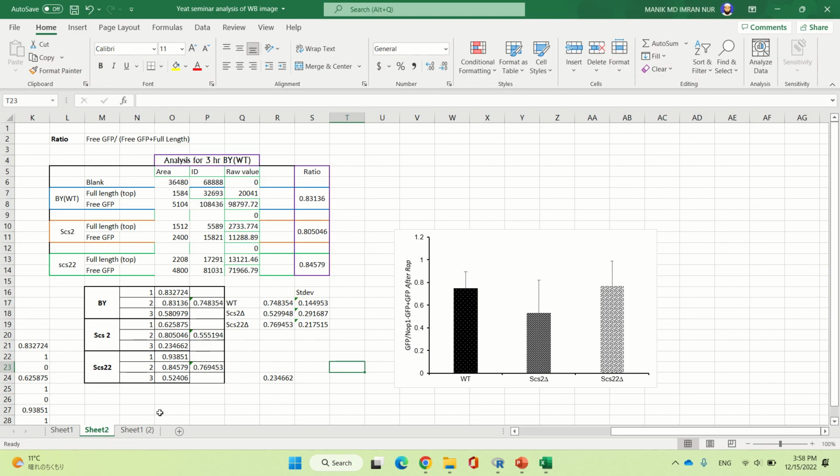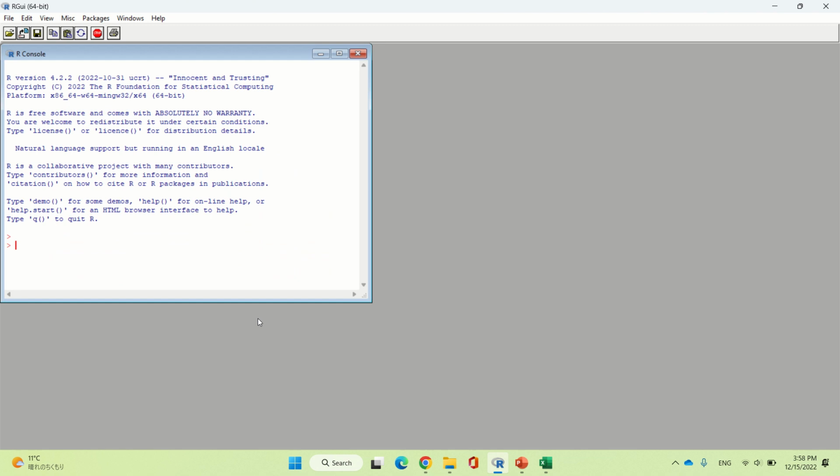I have got these 3 sets of data. Okay, 1 to 3, 1 to 3, for WT, SS2, SS22. And this is my R software.